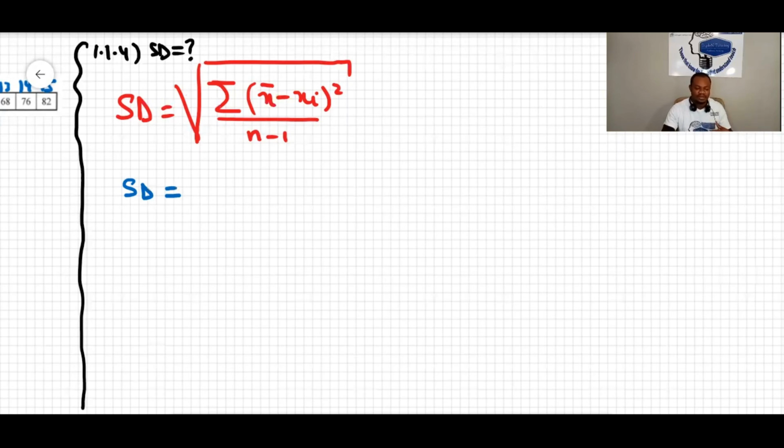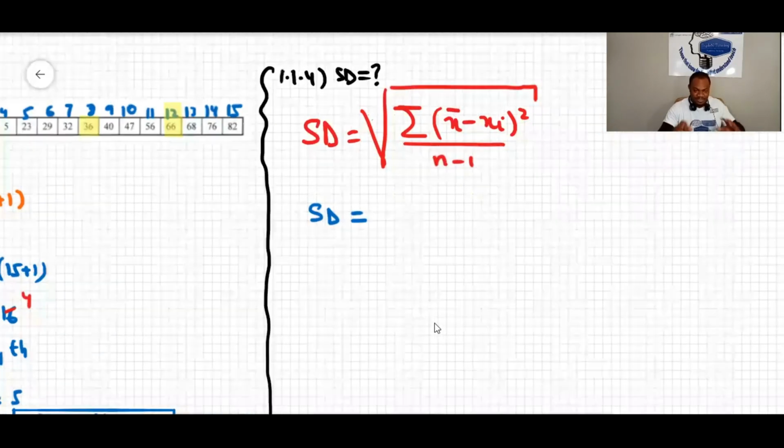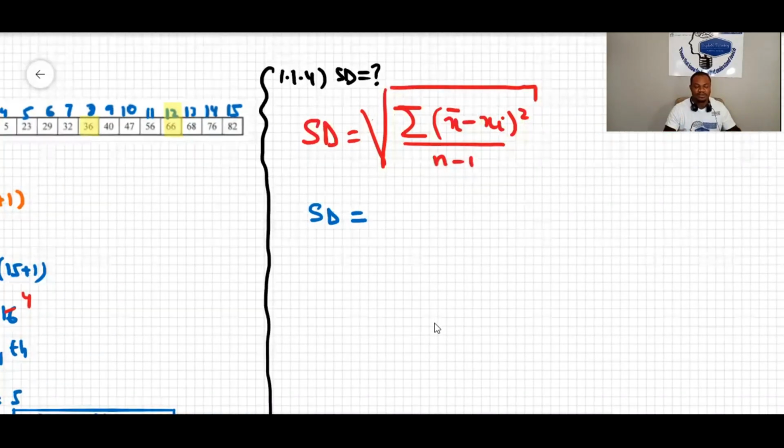And xi, the idea is to subtract each number in the row from x bar, raise it to the power of 2, sum all the results of these differences, and divide by n minus 1.